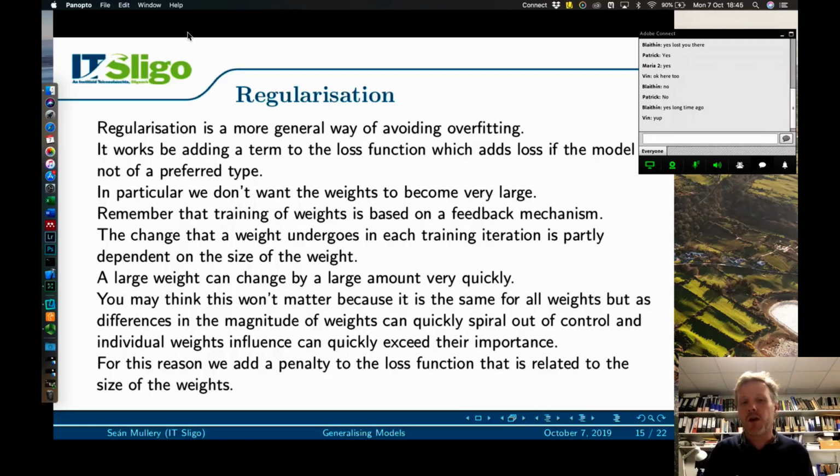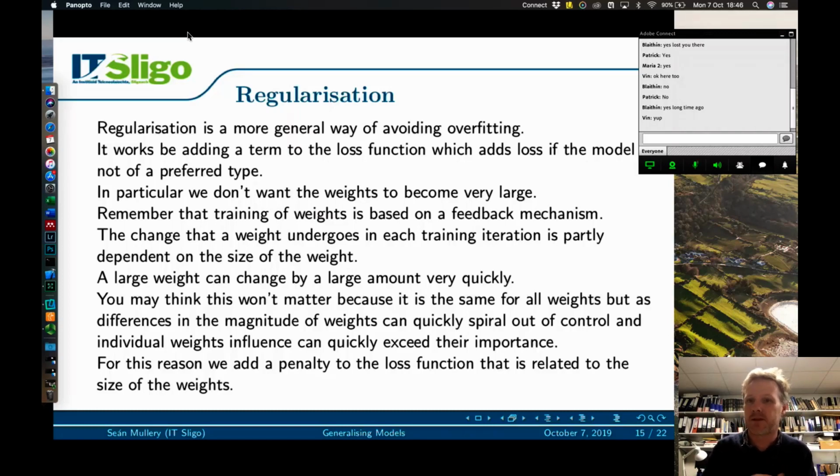Okay, so generally speaking, it's a good idea if we can keep all our weights smaller. And so one of the things that we can do as a regularization is we can penalize the weights for being too large. We won't go into it in any more detail than that. You can just kind of accept the idea that if we keep our weights smaller, that tends to simplify our model a little bit.